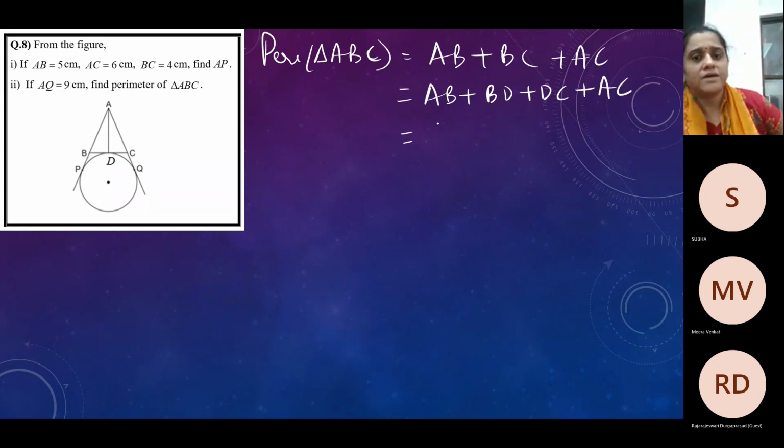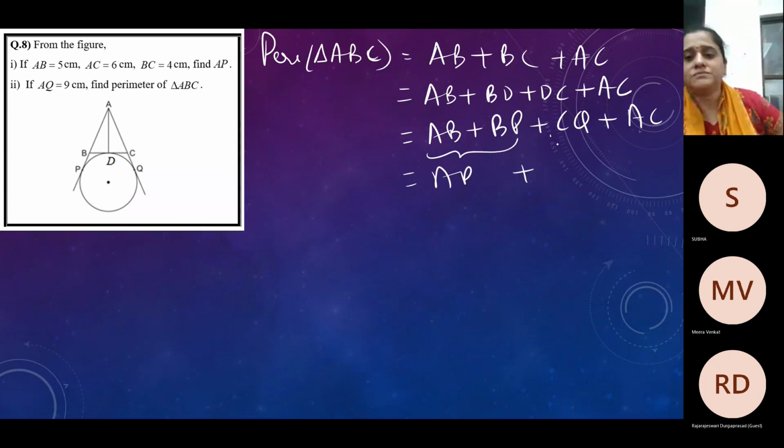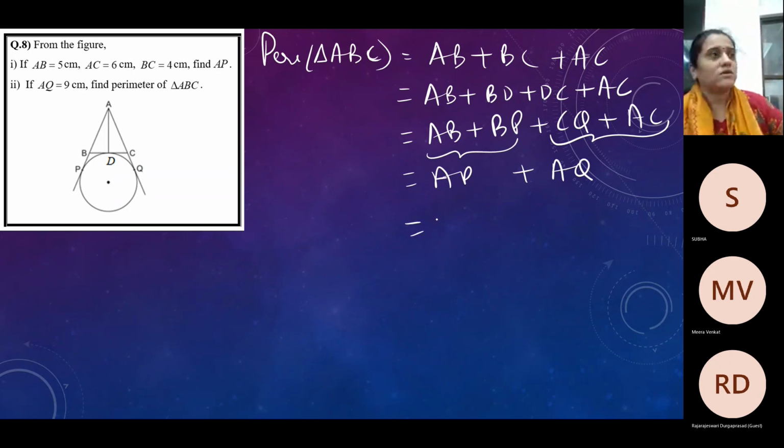Next, AB plus BP plus CQ plus AC. Next. How AP? What plus what is AP? AB plus BP is AP, plus CQ plus AC is AQ. Now is AP equal to AQ? AQ is equal to AP, right?